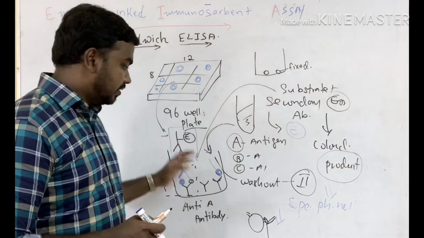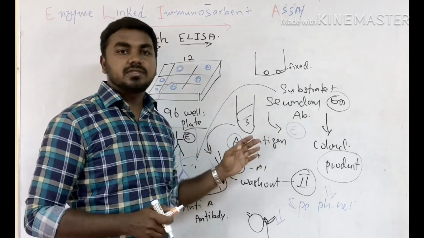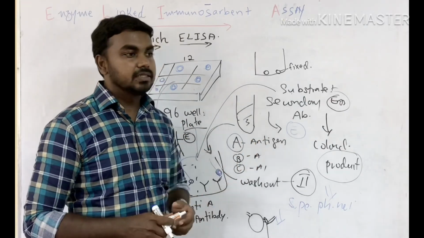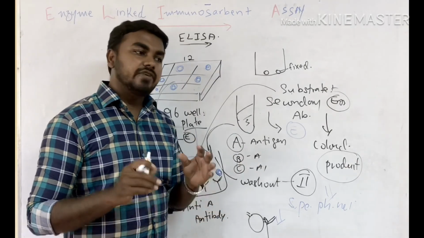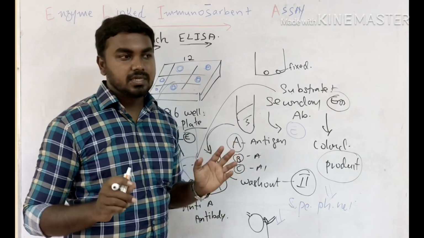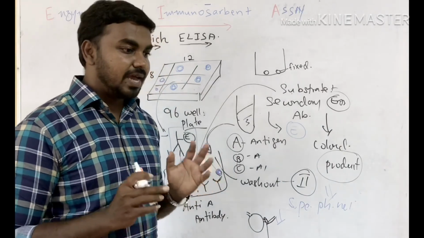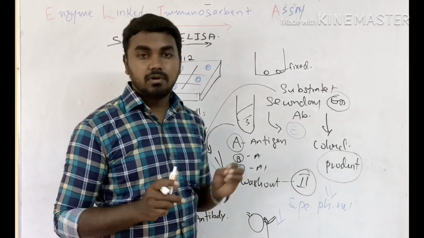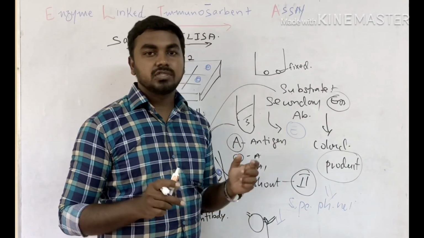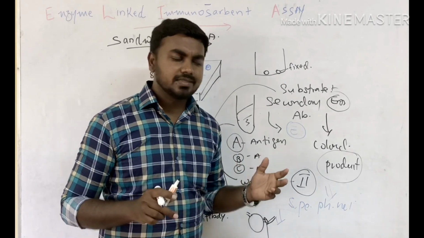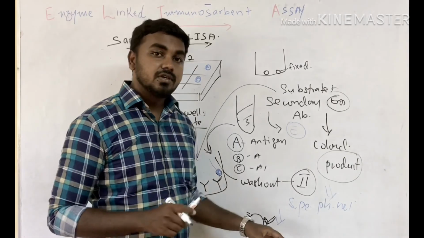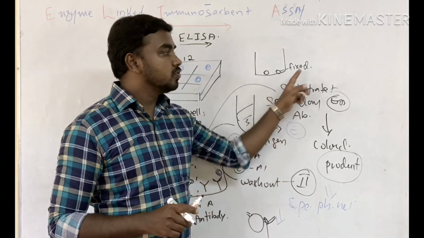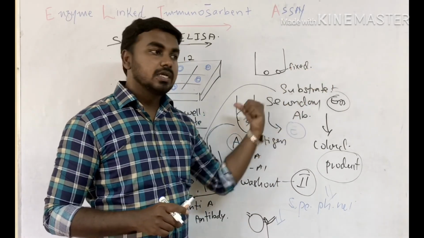There are a few advantages in this technique. One is that it is very sensitive. You can get a very accurate result. You can even quantitatively analyze hormone levels, such as FSH, estradiol, etc. The second advantage is that you can straight away use your serum sample in this technique.